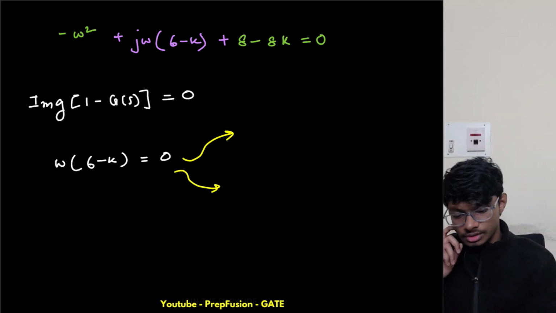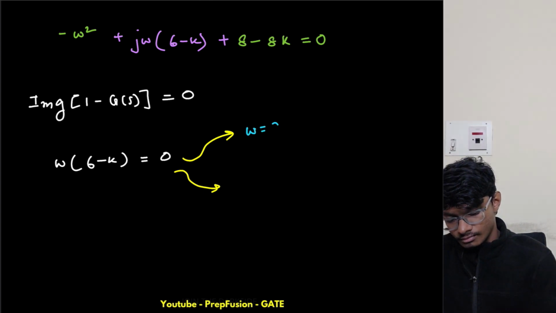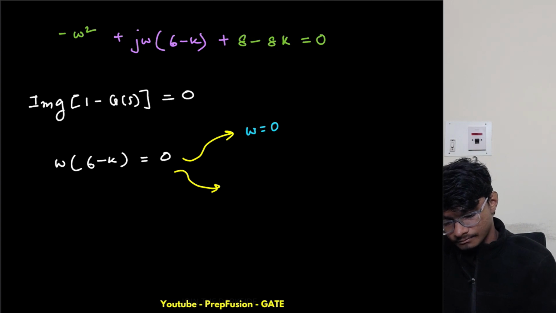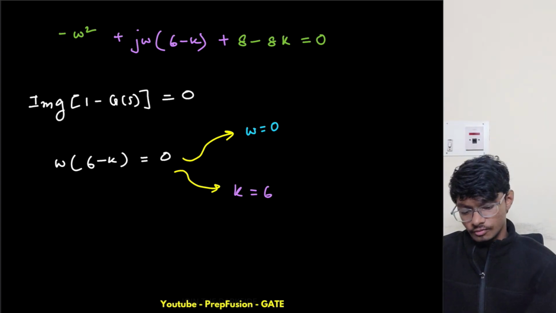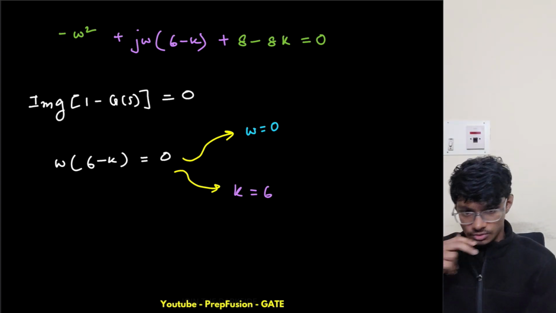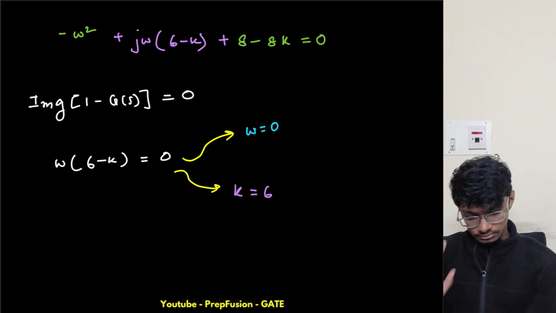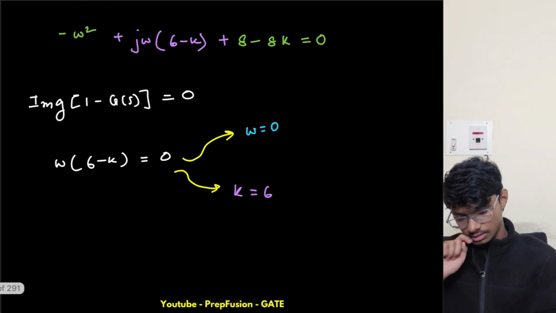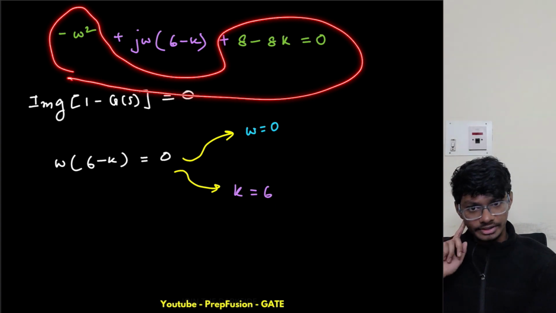So I will have two solutions. Which one will you choose? One is omega equals 0. Another one is k equals 6, since 6 minus k is 0. If we choose omega equals 0, then you make the real component equal to 0.